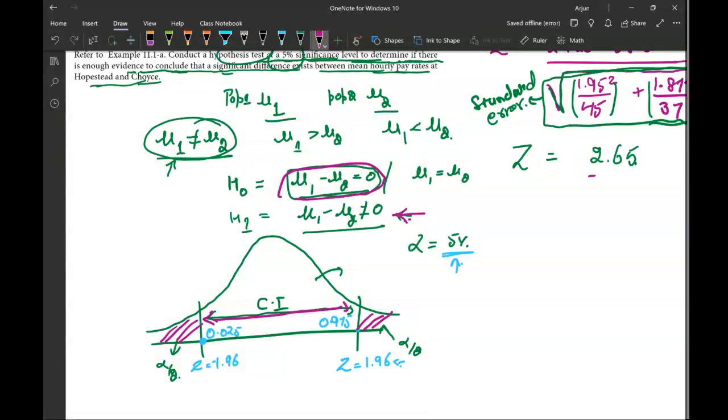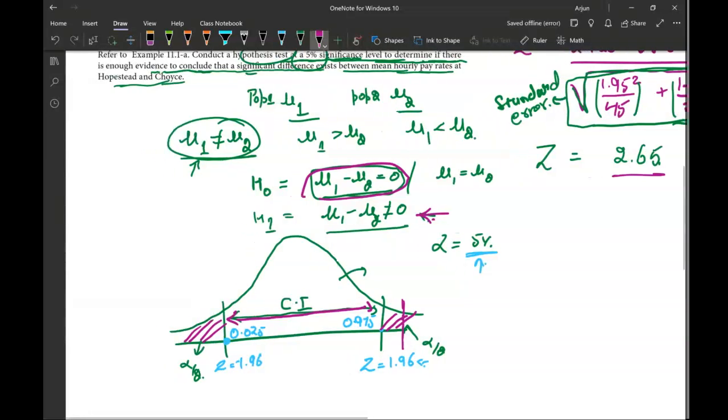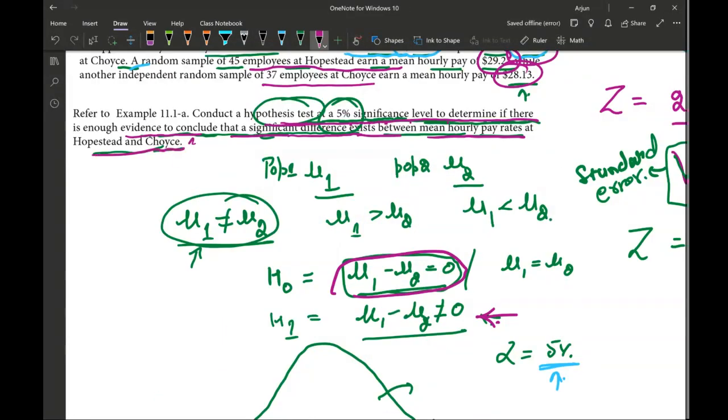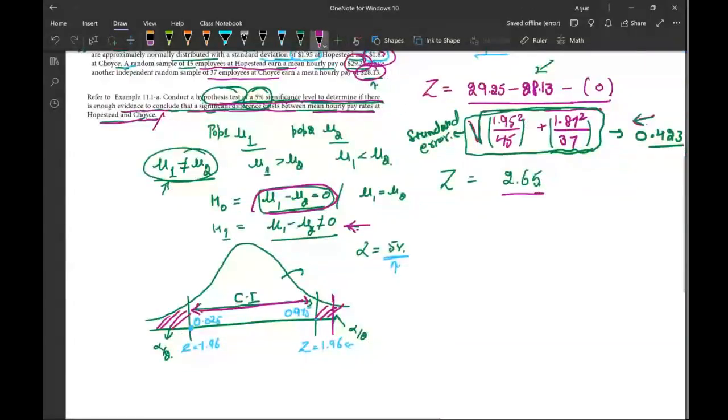Now 2.65 is on this side somewhere here. So we can say that there does exist a significant difference between the two values. So yes, the pay rates at Hofstede and Choice are different. That's how you're going to compile the final statement.